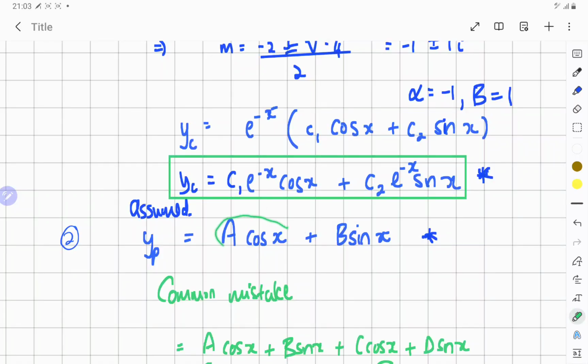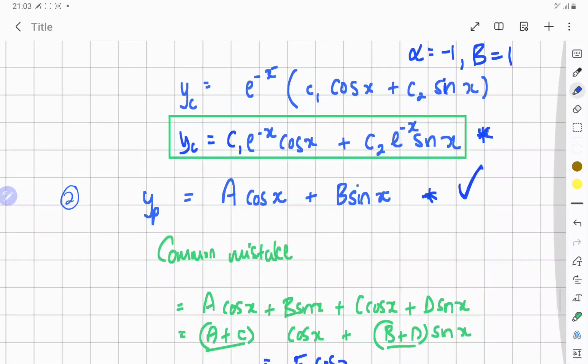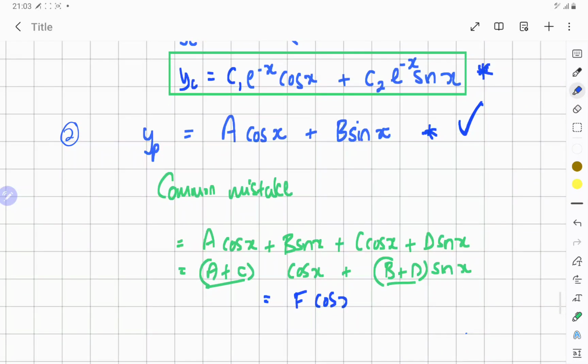Is this term repeated in our complementary function? No, because of the e to the negative x. These are not duplicated. The same here, because of the e to the negative x, that's not duplicated. So what do we see? Our assumed particular is actually the correct particular form that we're going to use.